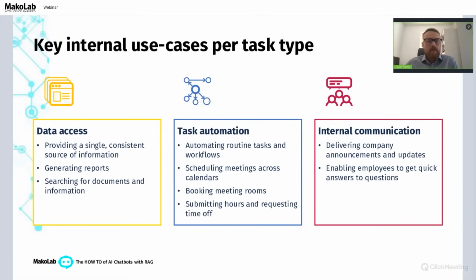Of course, we can split those use cases per task type, approaching this from a technical angle. It's about data access and task automation and internal communication. So this is where we can see the kind of agentic actions, such as maybe booking meeting rooms or scheduling meetings or generating reports, or maybe delivering some company announcements and updates.